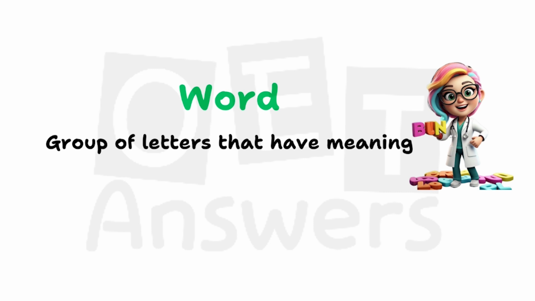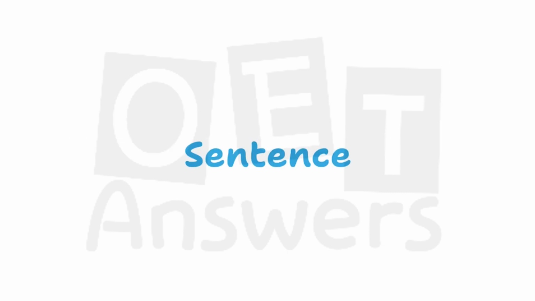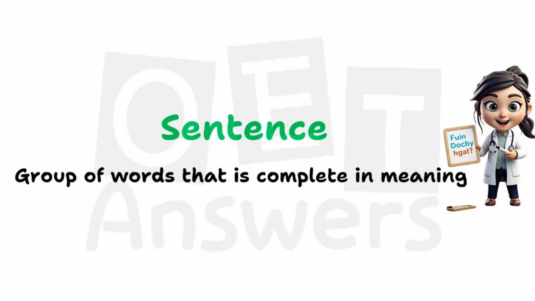Examples are clinic, pharmacy, ECG. Got the point? Next we can move on to the sentence. What is a sentence as per your perspective? Now we have seen letters, words, and alphabets, right? When letters join together, we call them words. And when the words join together, we call them a sentence.